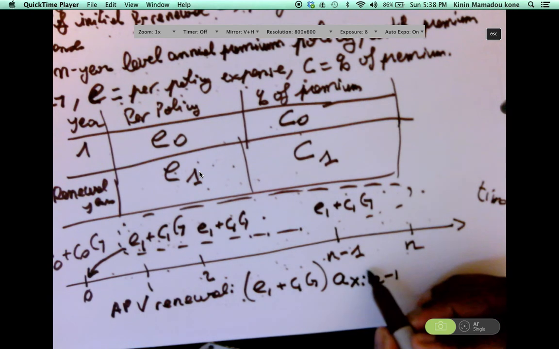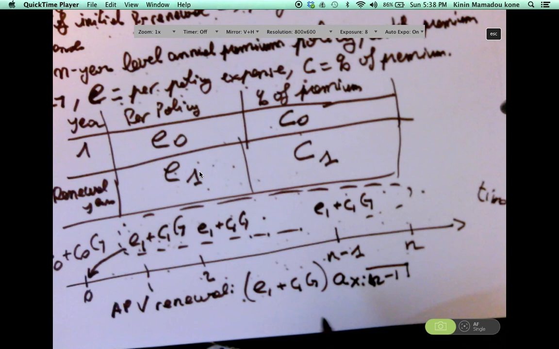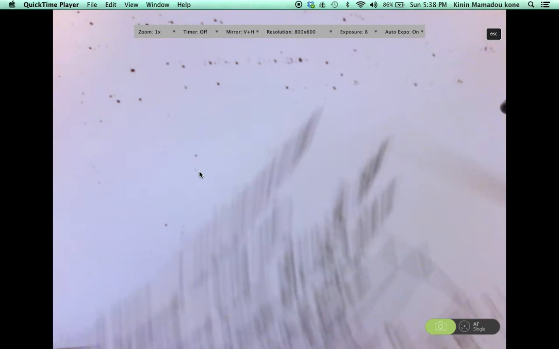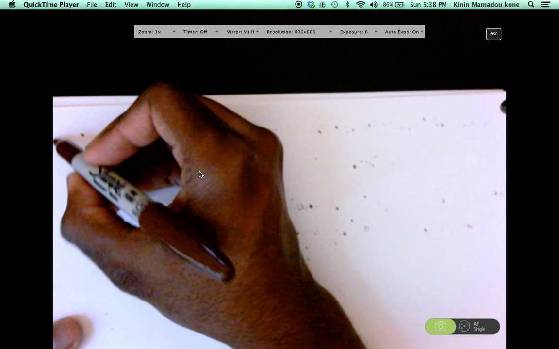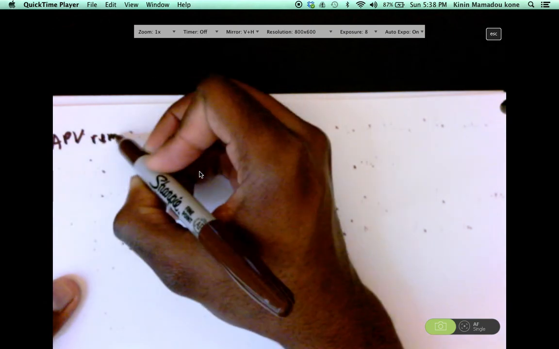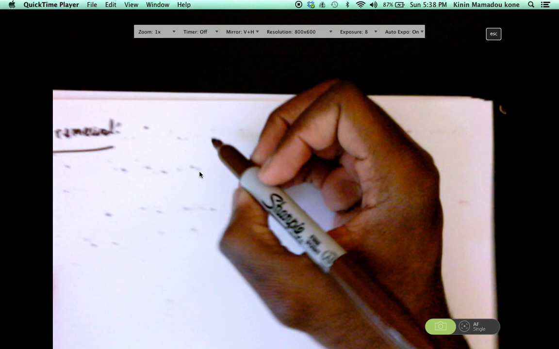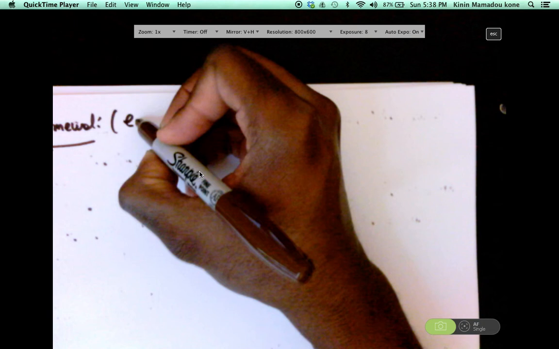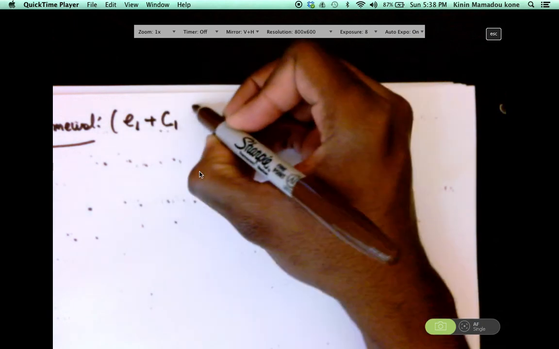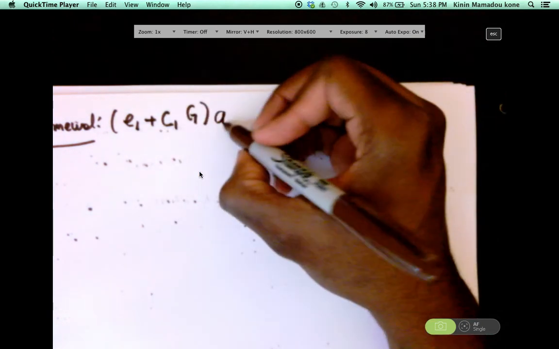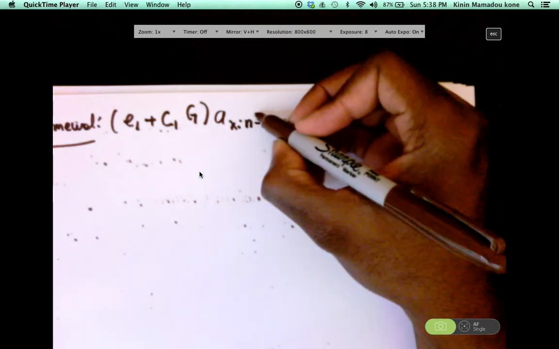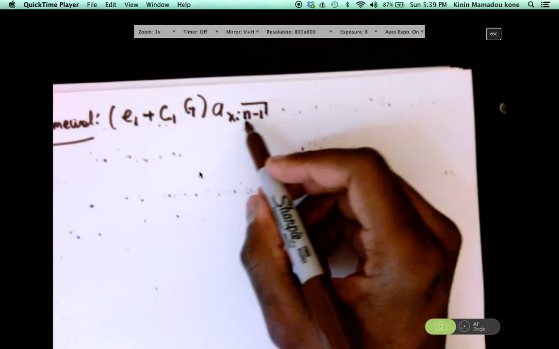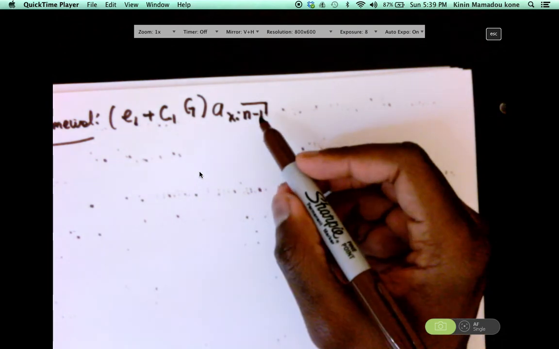Now I'm going to convert it into an annuity due. So let me write it down again. The actual present value of renewal is going to be E1 plus C1 G times a x n minus 1, converted into an annuity due.